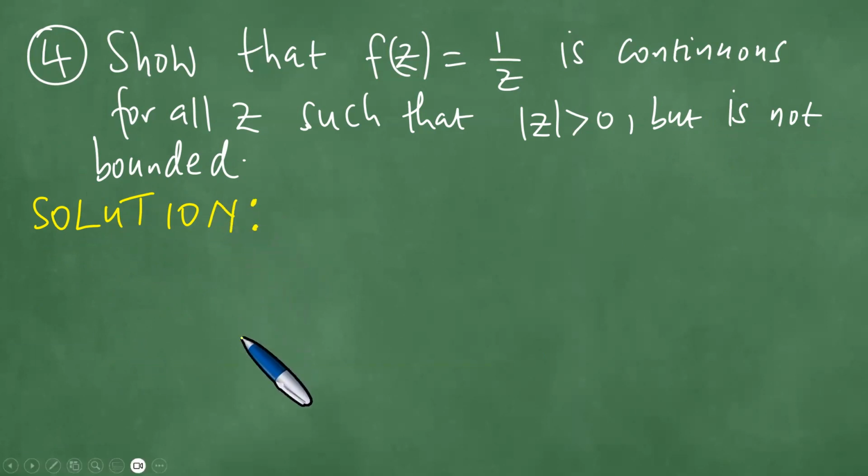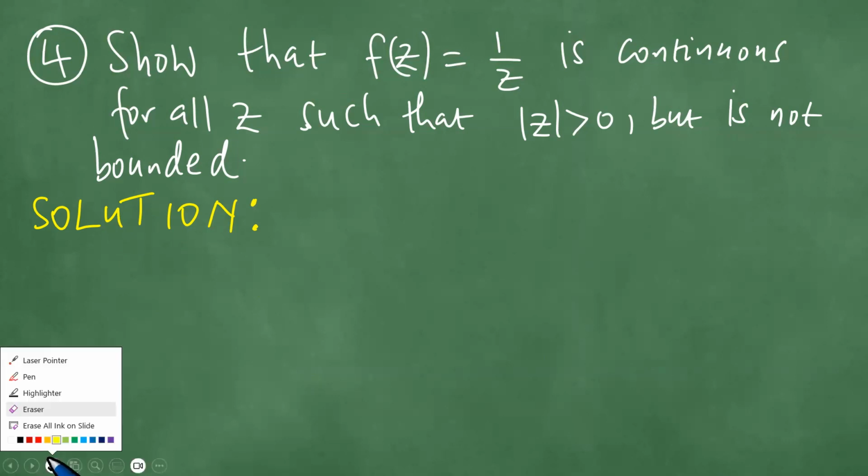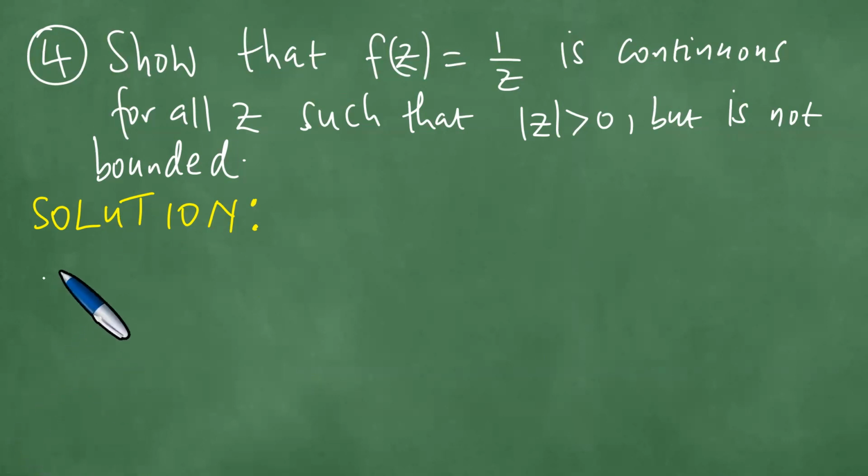So let's focus on the solution to this. We need to show that it is continuous for all z in that region. To prove continuity, we begin as follows. First we look at continuity.